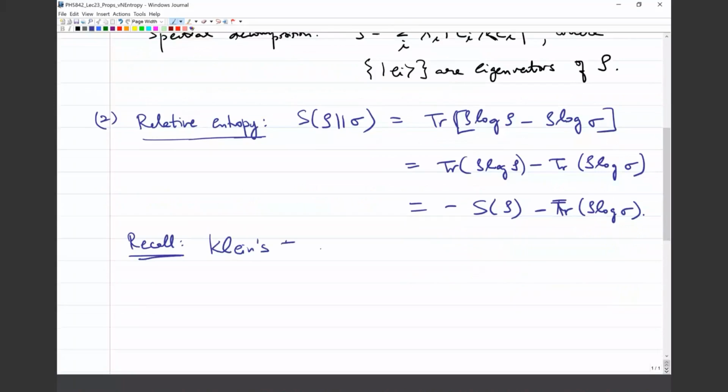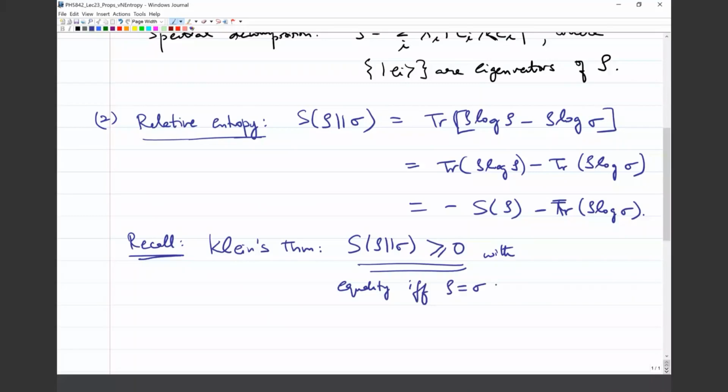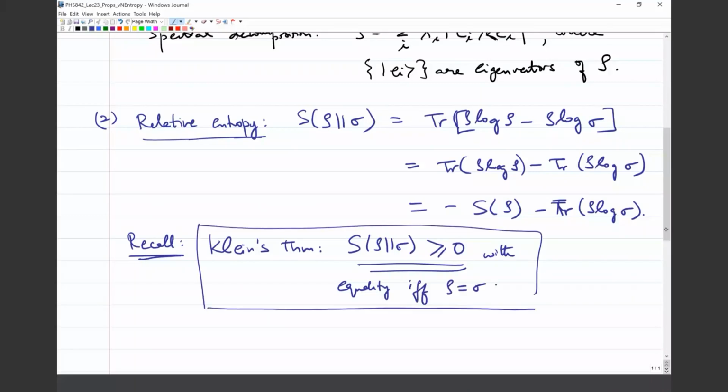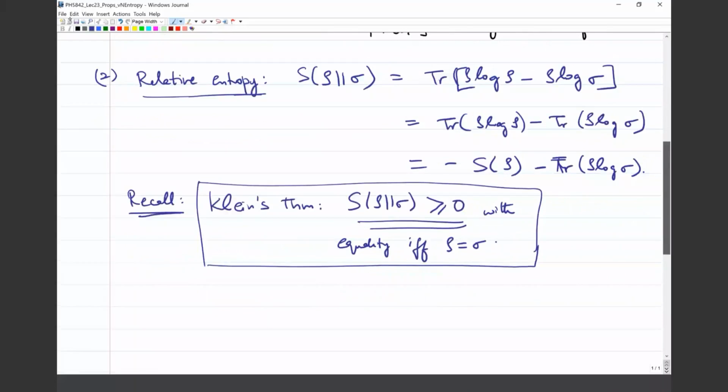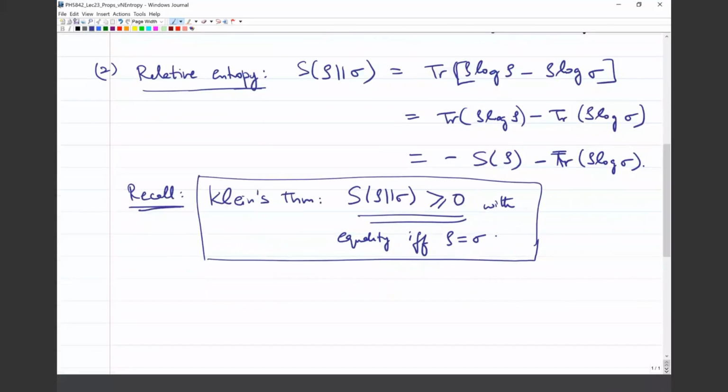It says that the relative entropy is always non-negative with equality if and only if rho is equal to sigma. So this, therefore, can be thought of as a distance measure between states, between density operators on the Hilbert space, right?